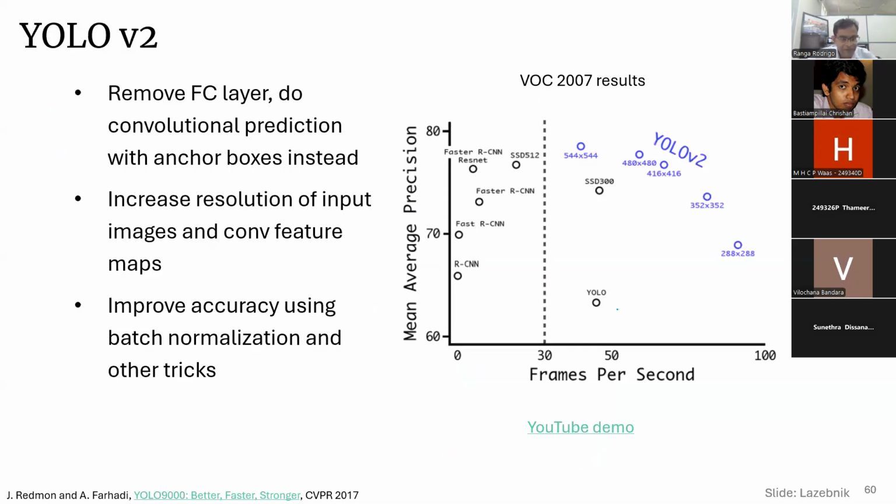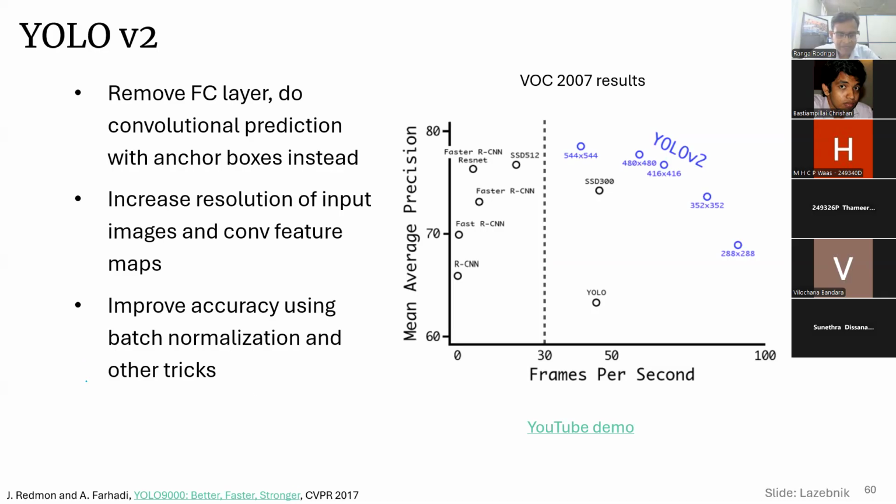And then YOLO version 2 was also by the same authors, Joseph Redmon and others. The main thing that they produced was the so-called anchor boxes. The two bounding boxes had some initial sizes, I think, or they had to start from some number and go.